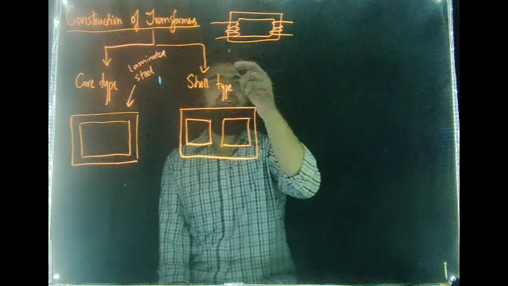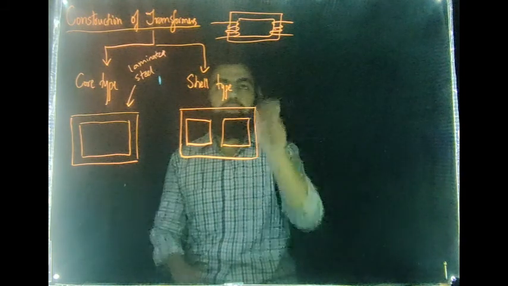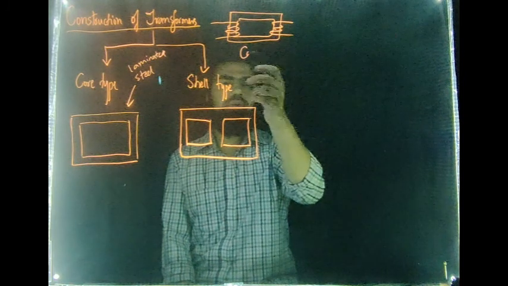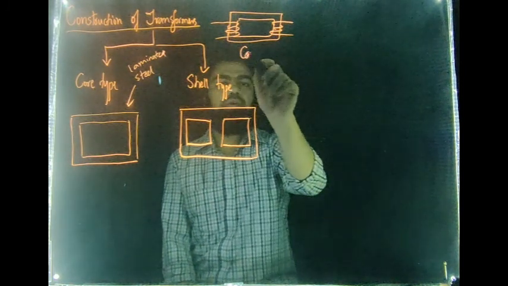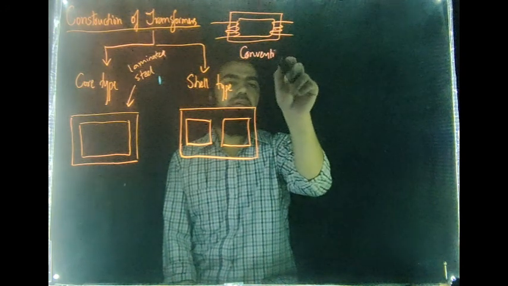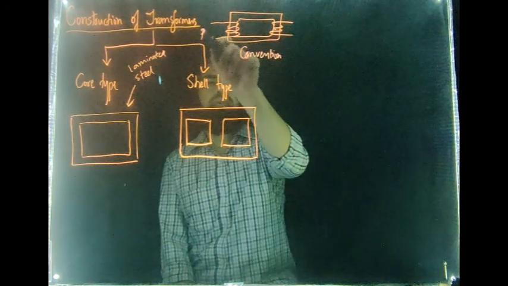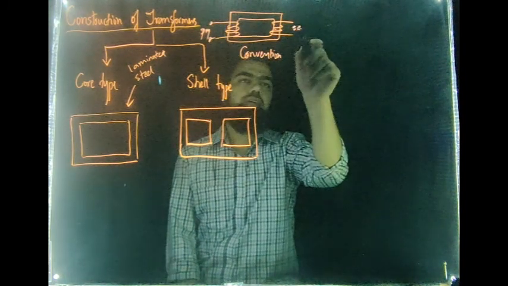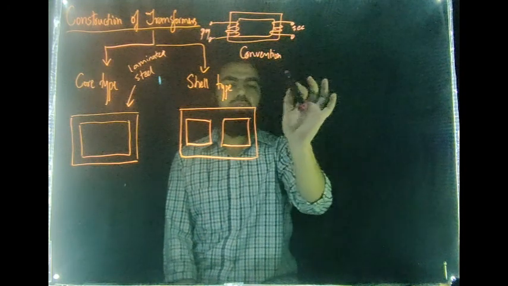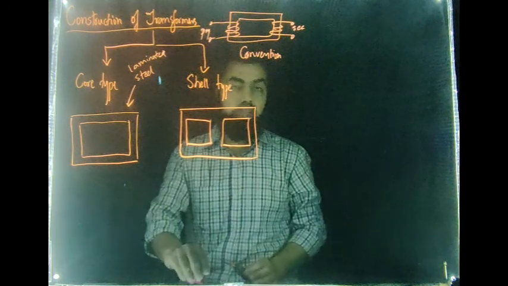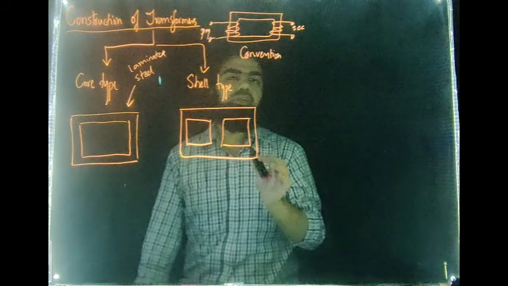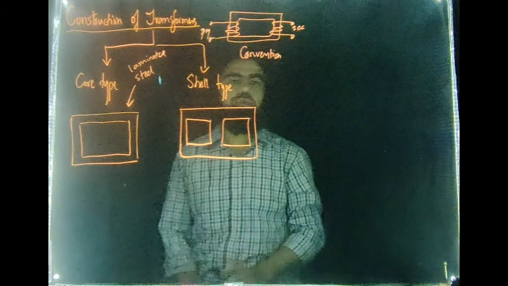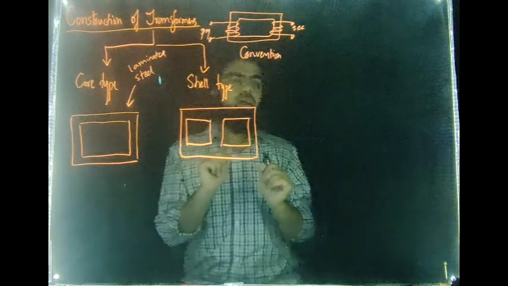Fine. This is not the actual configuration, but when we refer to the transformer, the convention is to show the transformer like this. We say this is the primary winding, where you will be exciting, and this is the secondary winding. This is not the actual structure. In a transformer, the windings are not done in this manner. You do not have the primary winding on one side and the secondary winding on the other side.